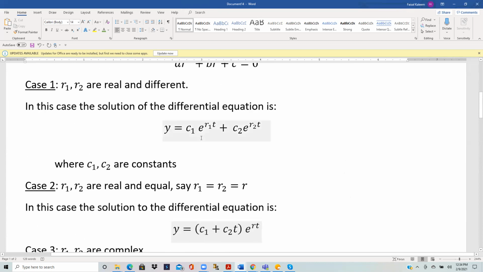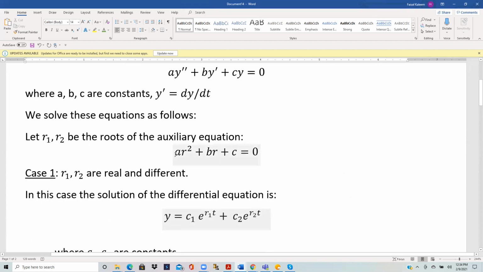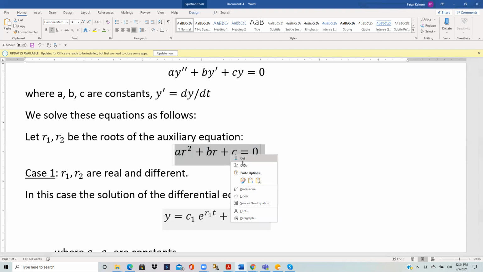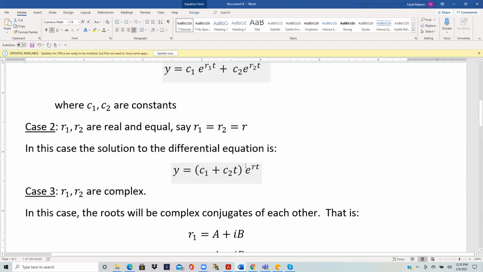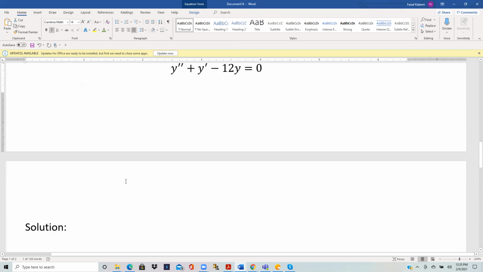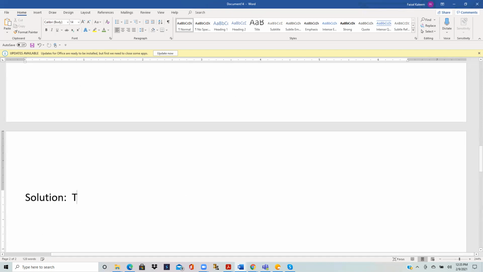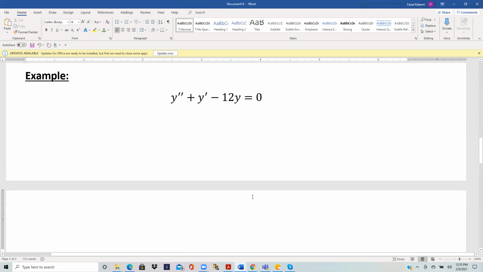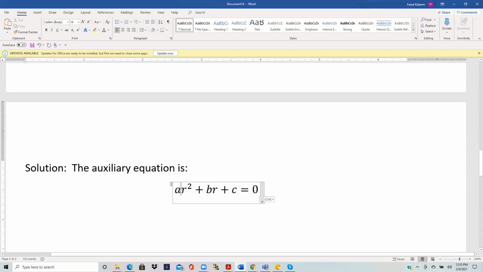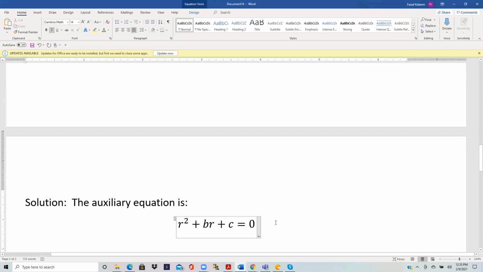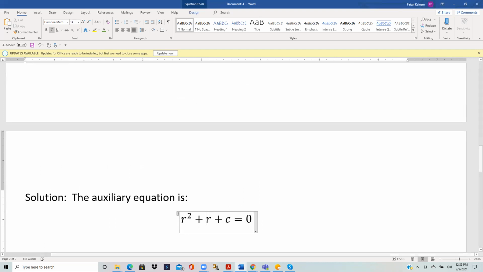So the auxiliary equation is r square plus r minus 12 equals 0. So a is 1 in this case, b is also 1, and c is negative 12.